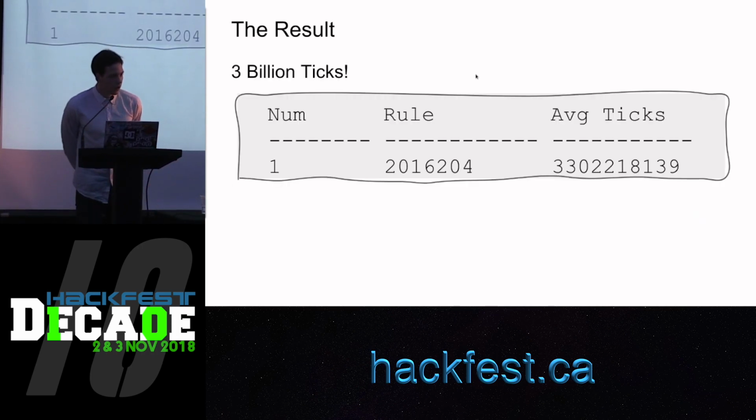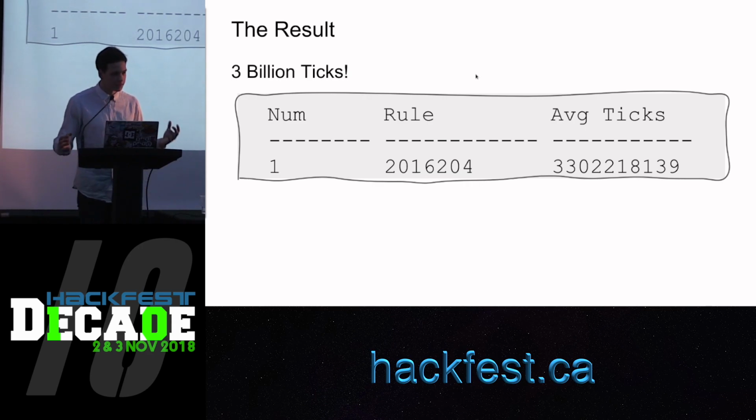So after some investigating, some research, I achieved 3 billion ticks taken for one check. So at first, the top hungry signatures took 3 million ticks, and now some signature takes 3 billion ticks. And actually, this check for one packet takes 1 second of CPU time.